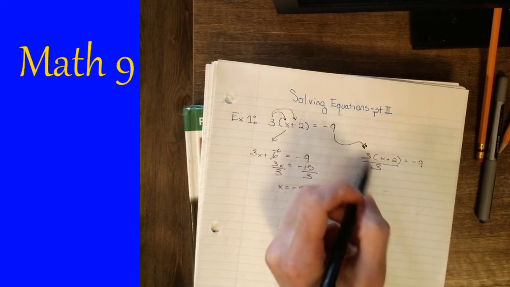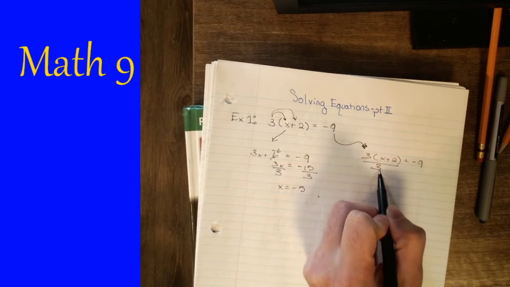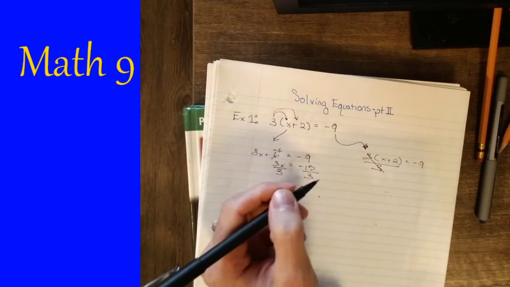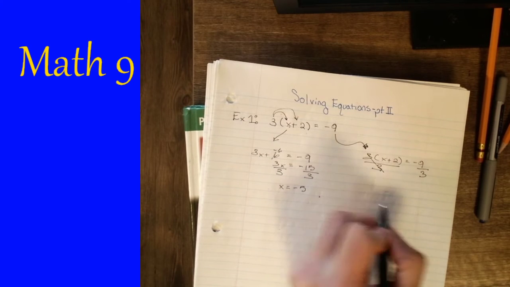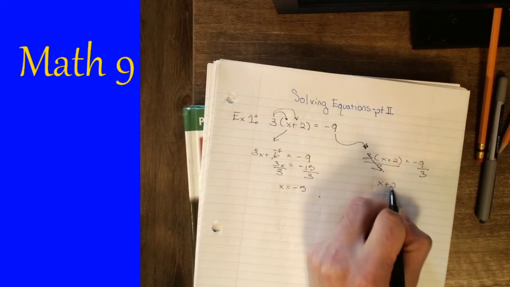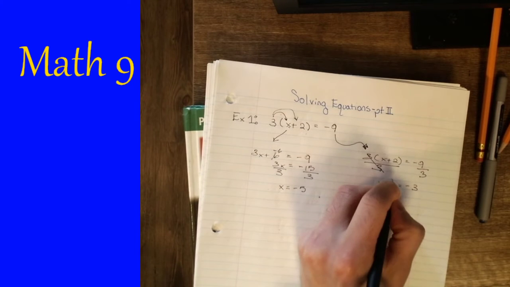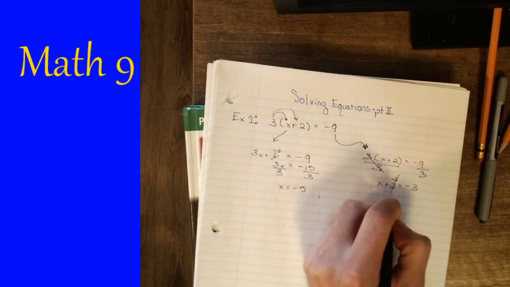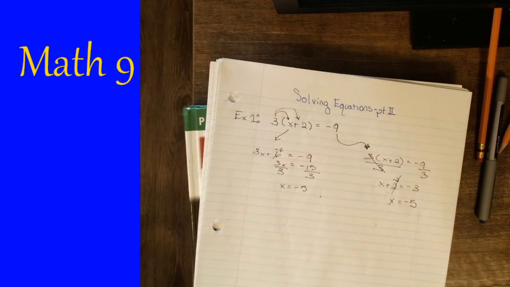And what ends up happening here is I have x plus 2 multiplied by 3, and then I'm dividing by 3, so that cancels it. And then I also have to divide negative 9 by 3. So now I have x plus 2 is equal to negative 3. Now I want to subtract 2 from both sides. Negative 3 subtract 2 is negative 5.